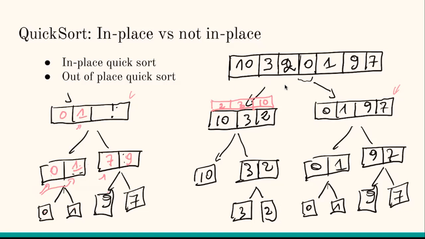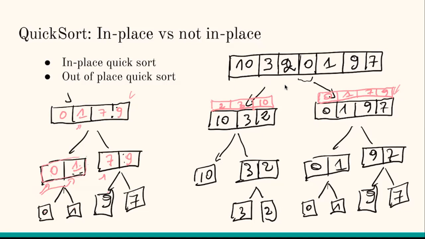Since we have already looked through all the elements of this part of the array, just copy what is left in the other array, okay? So what is left is 7 and 9. Does that make sense? So at the end, what we will have here is 0, 1, 7, and 9. I hope this is visible for you.